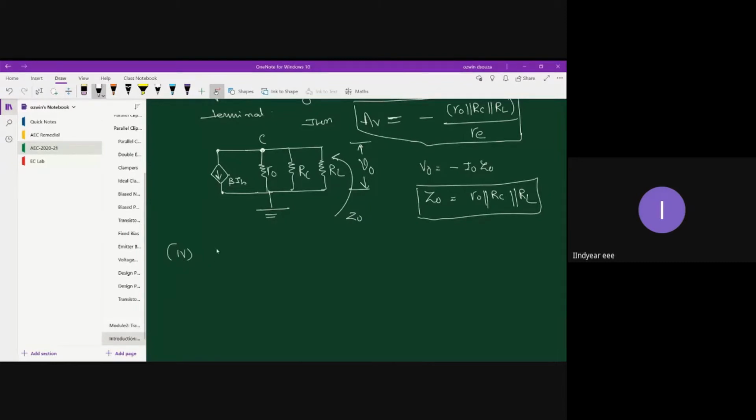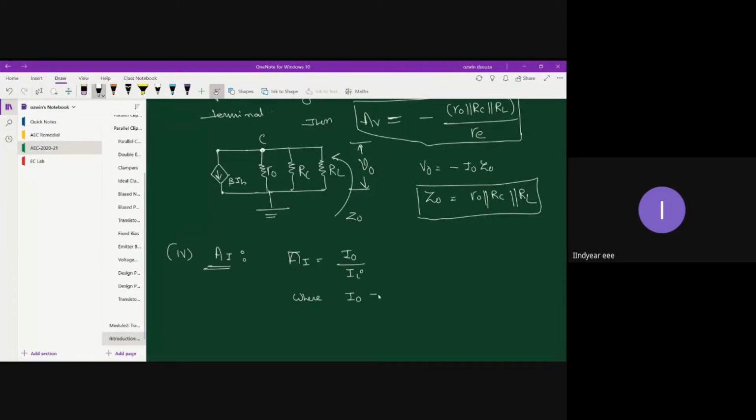And finally, we have our current gain AI. Current gain AI is given as I0 by II. I0 can be extracted from your output voltage expression.